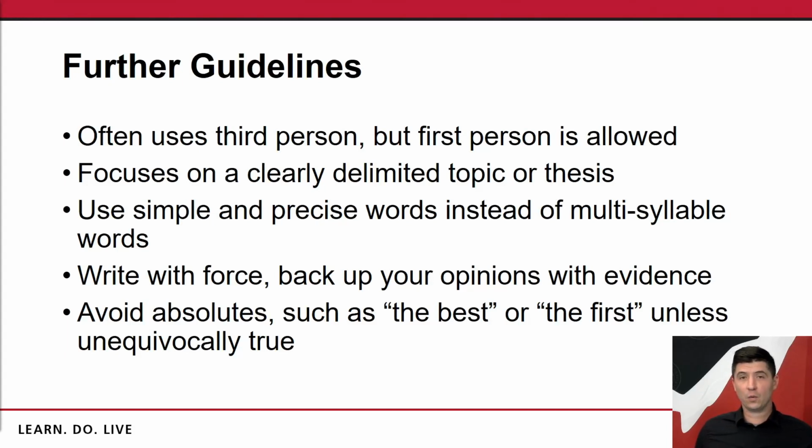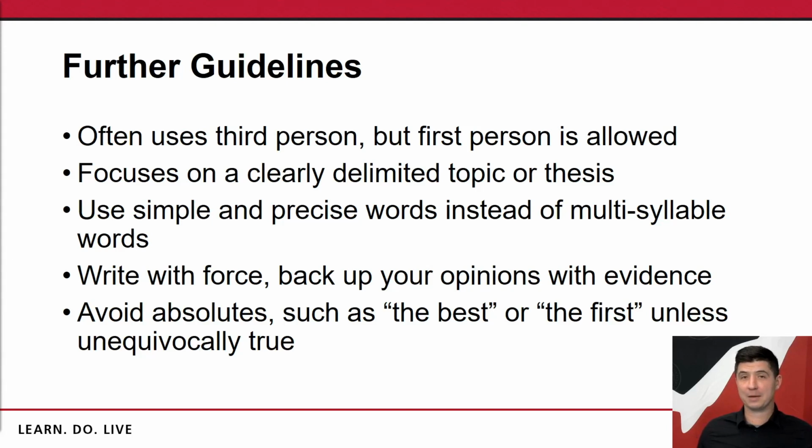So you would say, one must consider when one is viewing the tradition of orchestral conducting in Mozart's day, and it's that one, that's the third person one, instead of saying, in this paper, I am going to, that's the first person. Now, I will tell you that the first person is actually quite fine in many cases today.